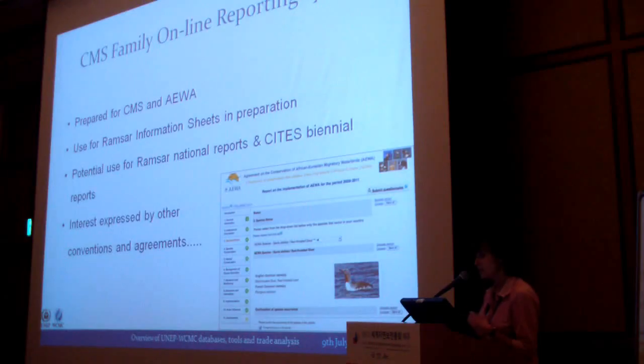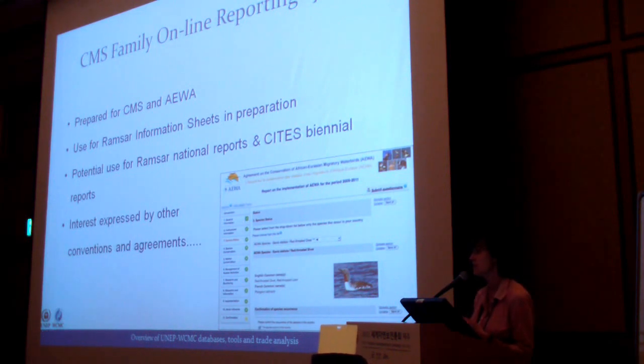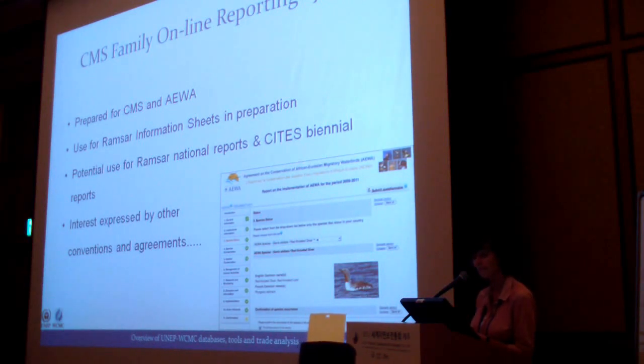So what I want to do now is just introduce you in a little bit more detail to the online reporting system that has been developed with the CMS family. So it's been prepared particularly for CMS and AWA, but it's also been presented to parties to Ramsar, and Ramsar have taken the decision that they're going to try using it to put together information for their Ramsar site information sheets.